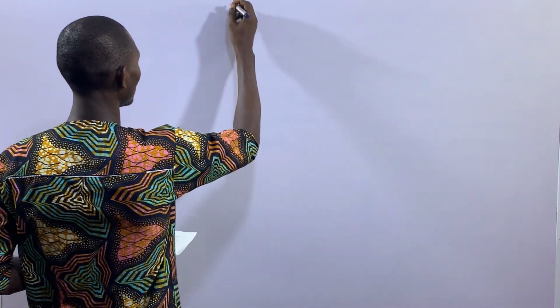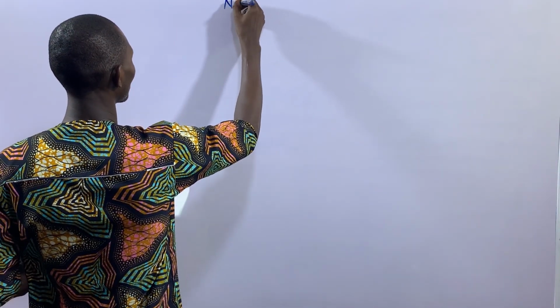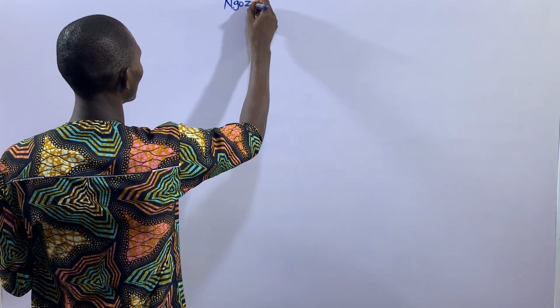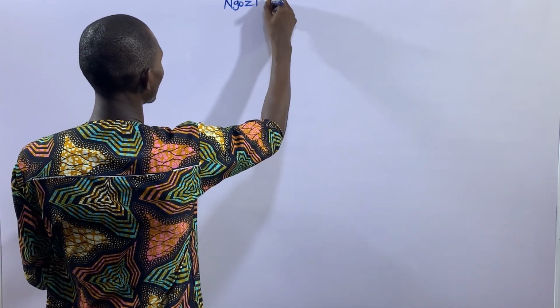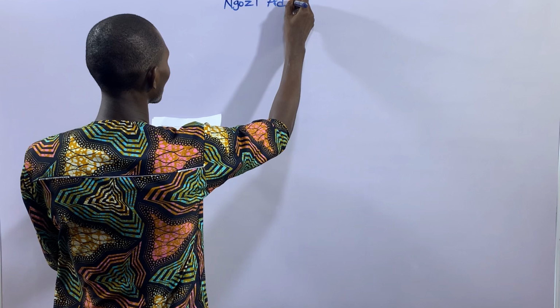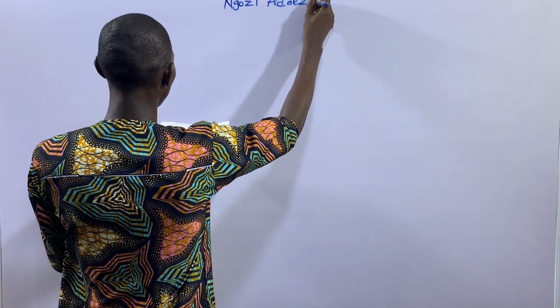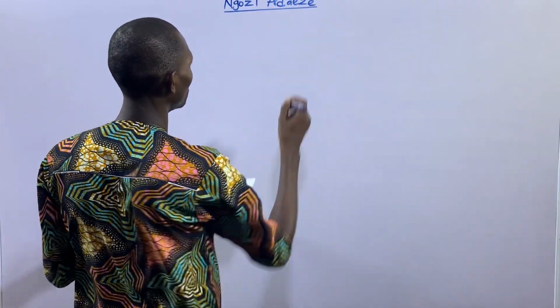First things first, we have to draw the format for a three-column cash book. So let's start. The name of the business is Ngozi Adeze.